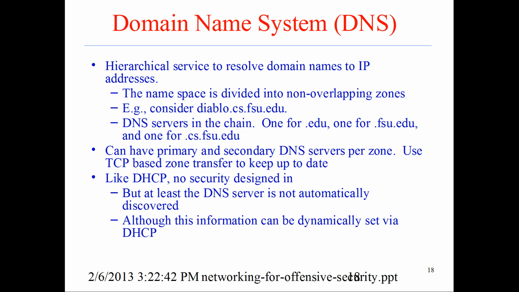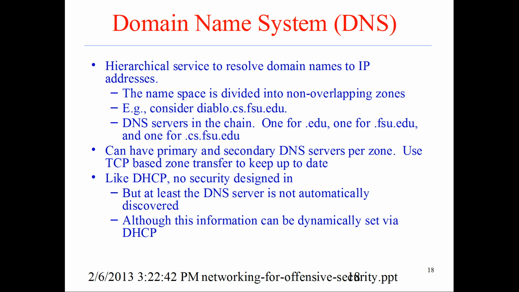So in order to even navigate to a web page, there is a service called the Domain Name System, because human beings cannot remember IP addresses. That's why we have URLs. DNS is designed to be a hierarchical service to resolve domain names to IP addresses, and the namespace is divided into non-overlapping zones.